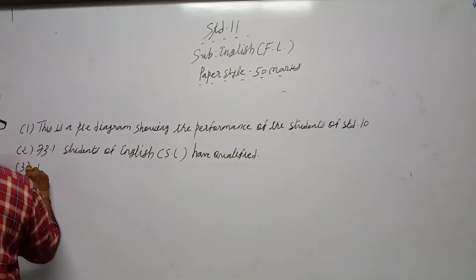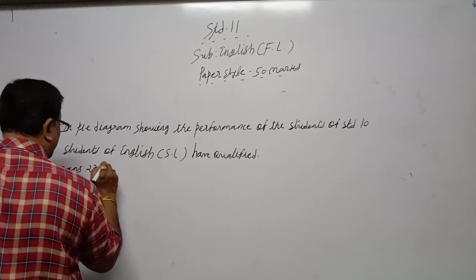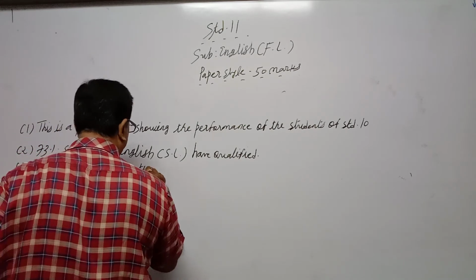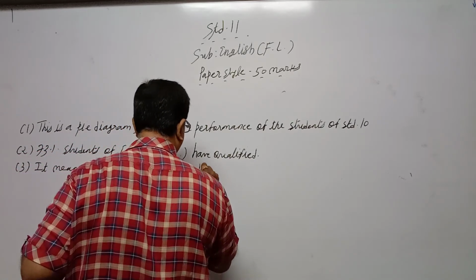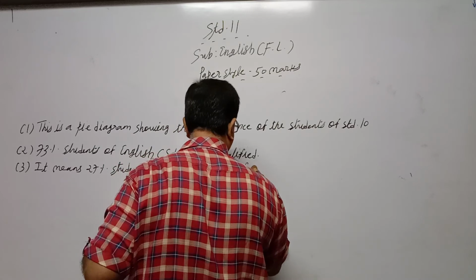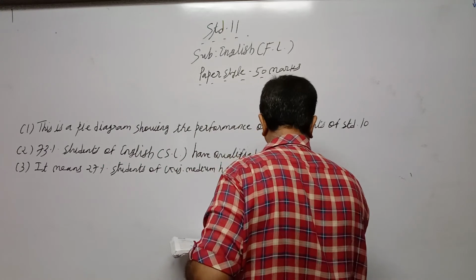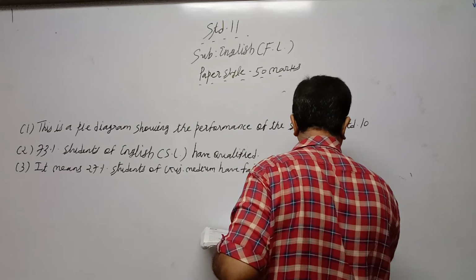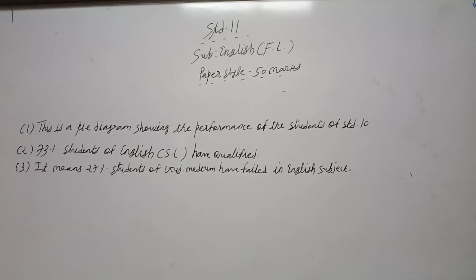Third, it means 27% students of Gujarati medium have failed in English subject. It means 73% passed, means 27% failed.